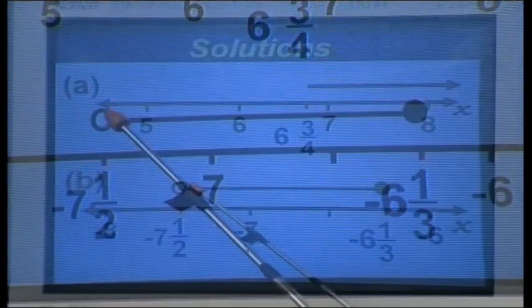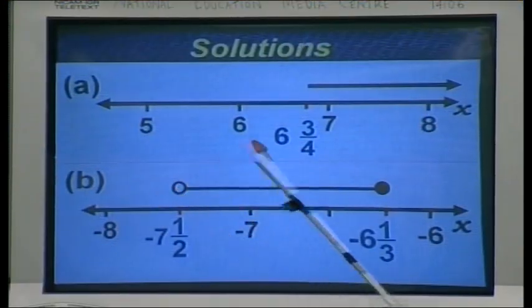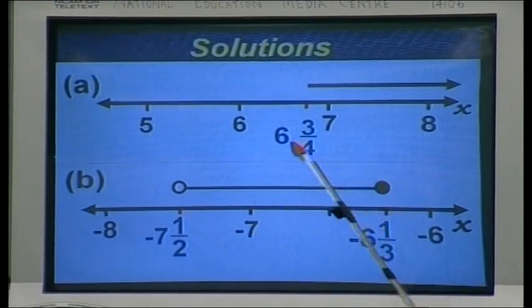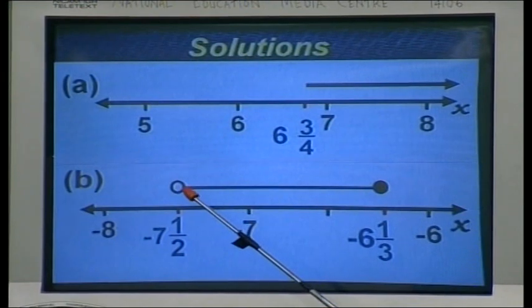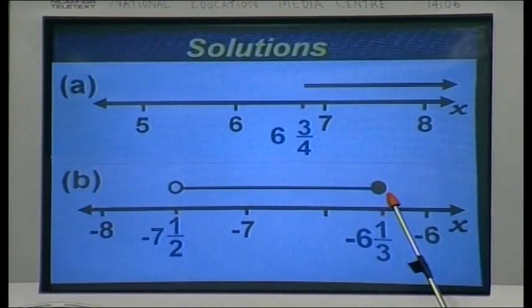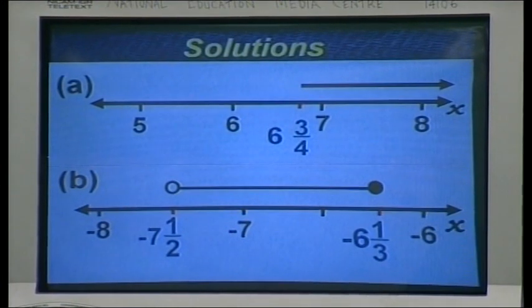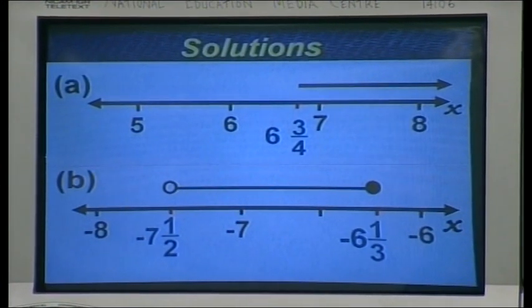That's why we don't have the arrow at the end of each of the lines that are plotted, but instead we have the two dots. This one is shaded and the other one is unshaded. So those are the solutions to the two exercises that I've given you to complete as your recapping activity.